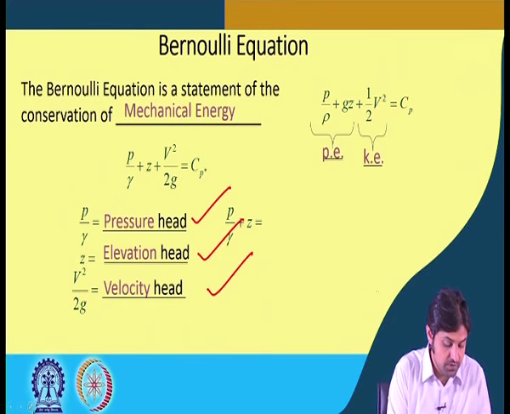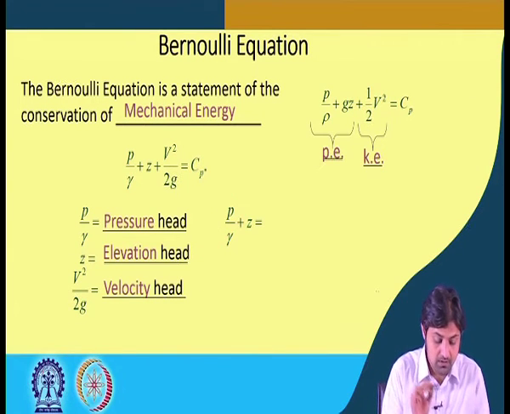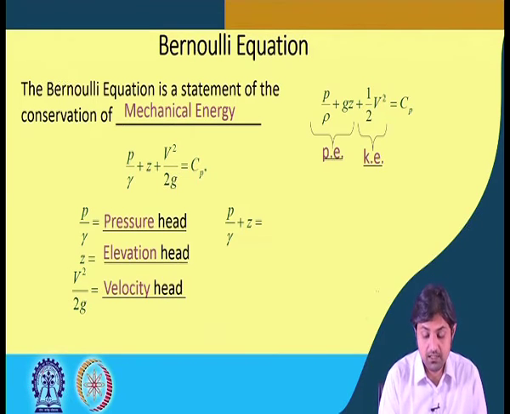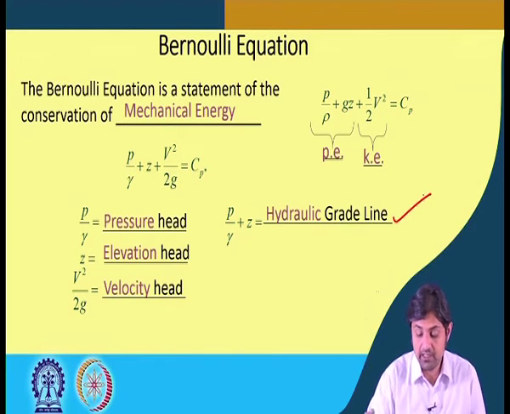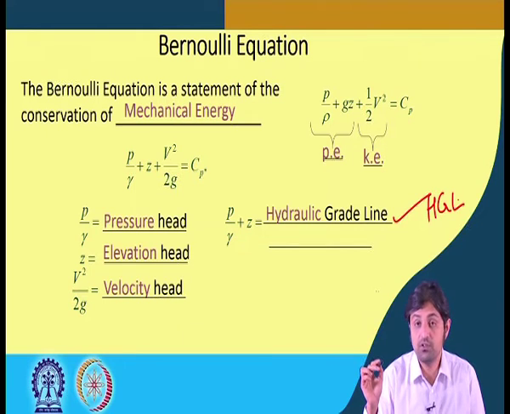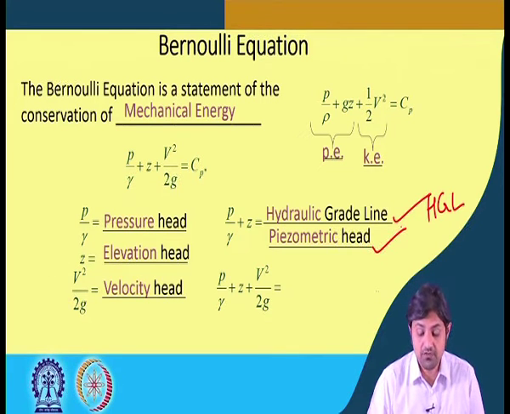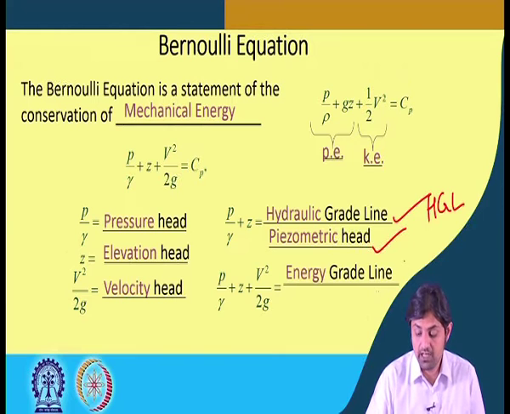And we can also say that P by gamma plus Z is the hydraulic grade line, HGL, a very common concept in your fluid mechanics class, or piezometric head, whereas P by gamma plus Z plus V square by 2g is called the energy grade line, EGL, or total head.